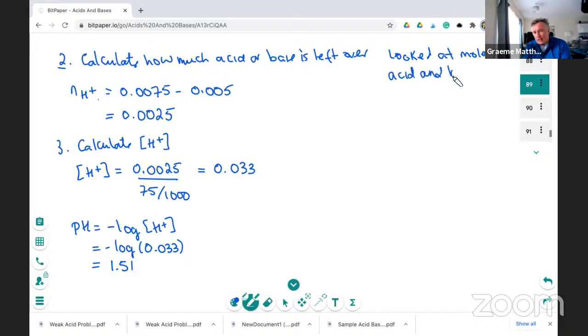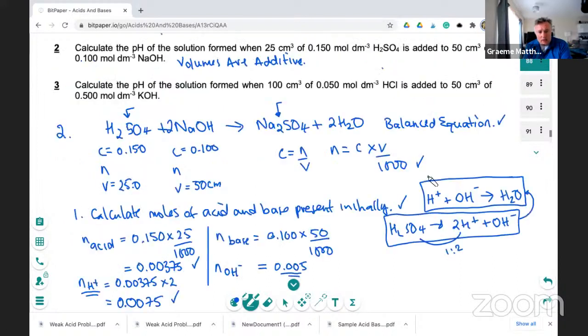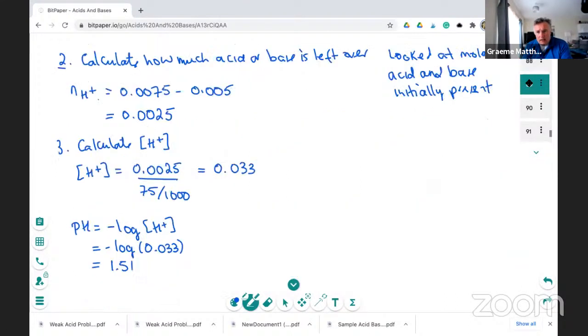So before I even did this calculation, initially present, on the previous slide, I just eyeballed it really quick. And you're thinking, yeah, obviously, there are more moles of acid than there are moles of base. And so this is why I said that the moles of acid is the one that's left over.